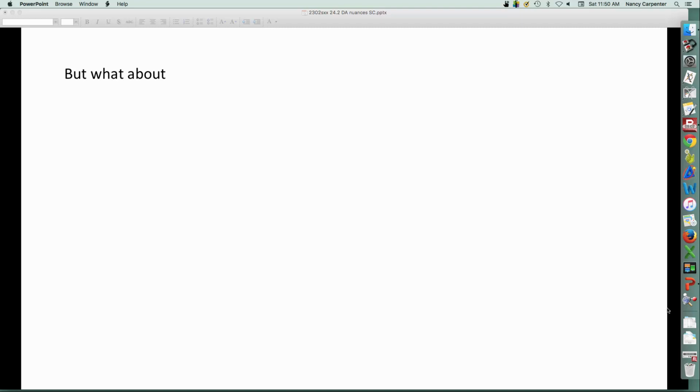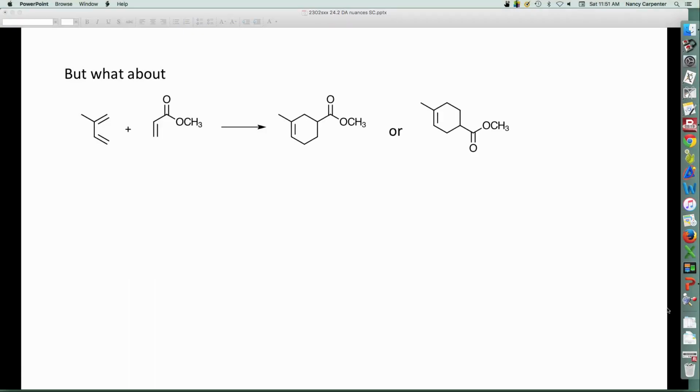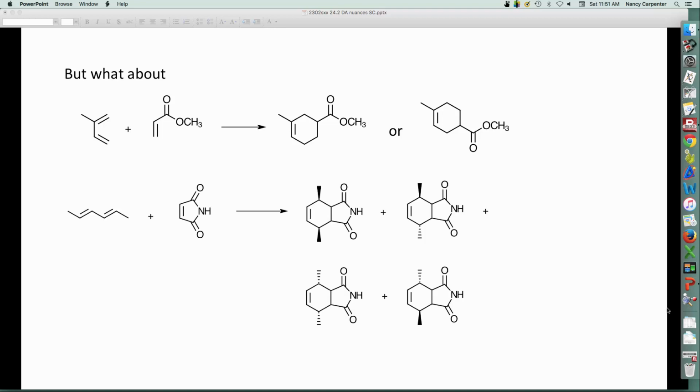Let's get to stereochemistry and regiochemistry. When I have this diene and dienophile, remember at the end of the last mini lecture we said, well, I could put the dienophile so the carbonyl is pointing up or pointing down, and that leads to two regioisomers. That's regiochemistry.